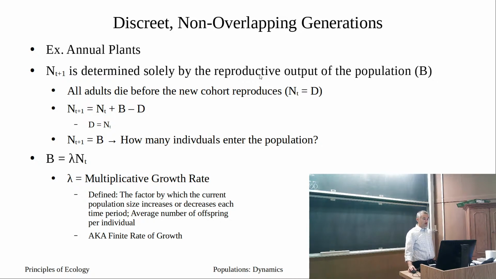If we go back to our equation, our population size at the next time point is equal to our current population size plus the number of births minus the individuals that died.